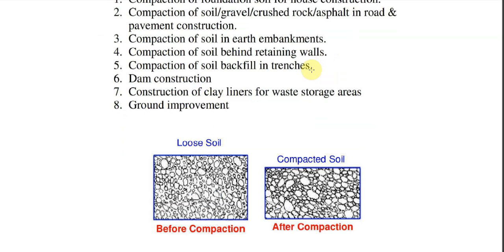The last two, construction of clay liners for waste storage area. Your waste, whatever waste is collected from your house, is dumped in a site. If you go to Dharwad, the waste dumping site is near Sailapur. When you dump the waste, all the liquid from the waste is called leachate.